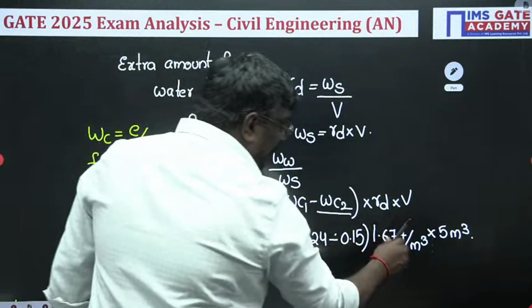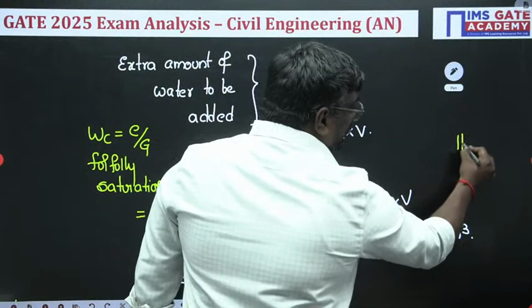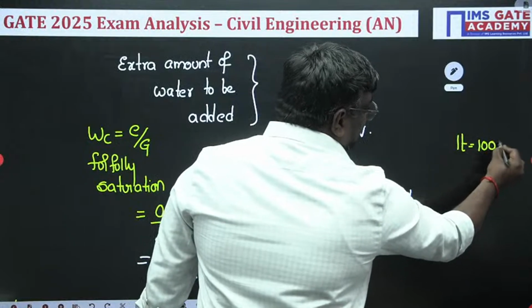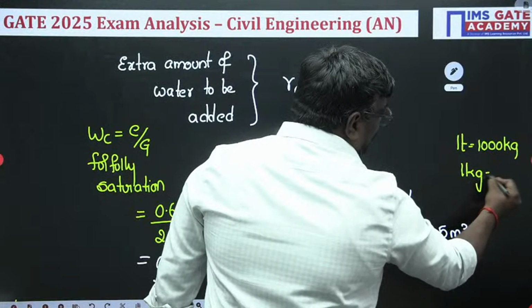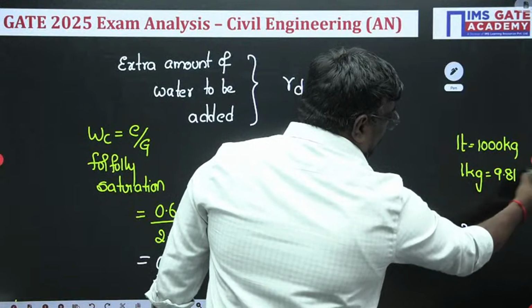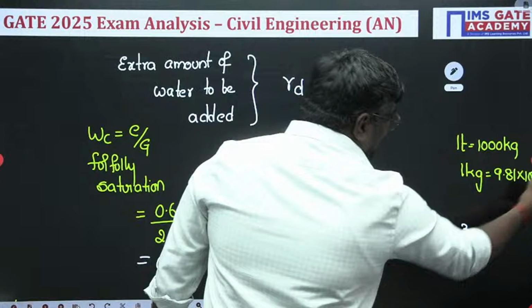Actually, 1 ton is equal to 1000 kg, and 1 kg is equal to 9.81 Newton.